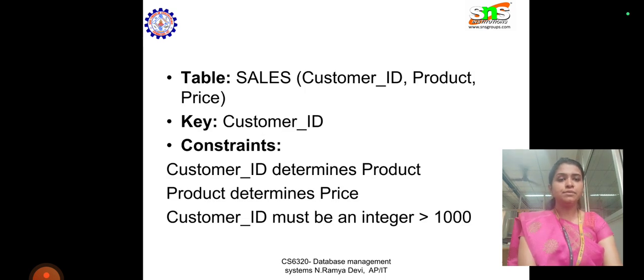The table name is sales, with three attributes: customer ID, product, and price. The key constraint of the sales table is the customer ID. The customer ID determines product, determines price, and the customer ID must be an integer.